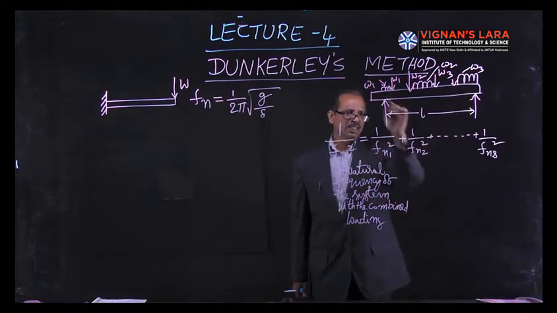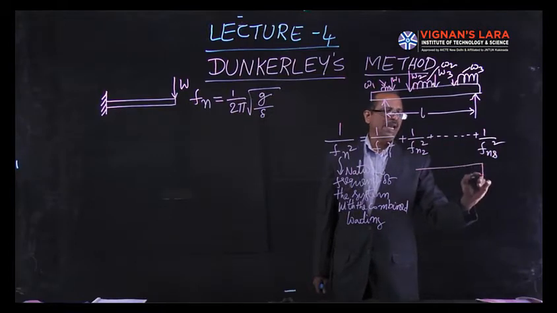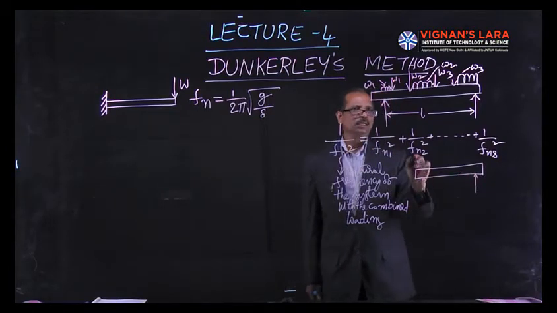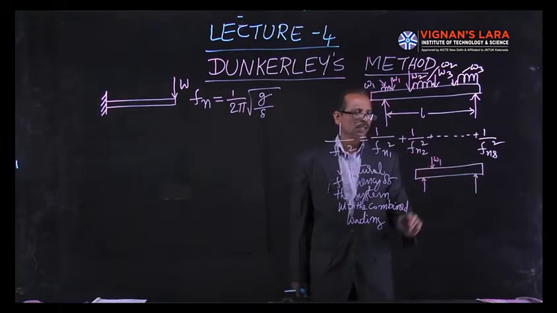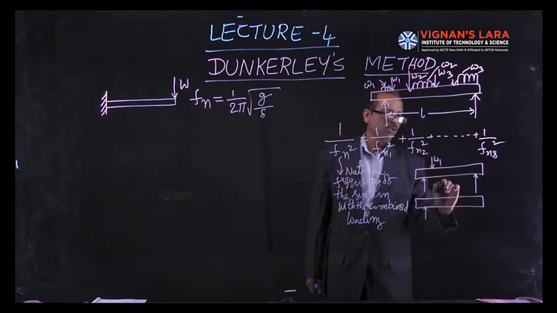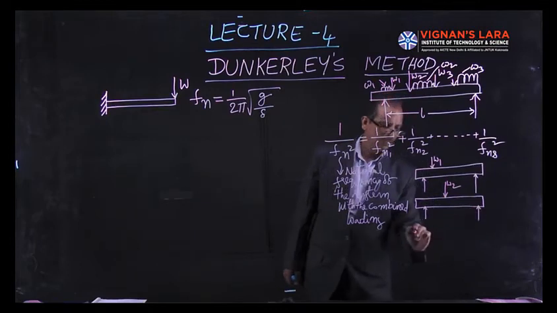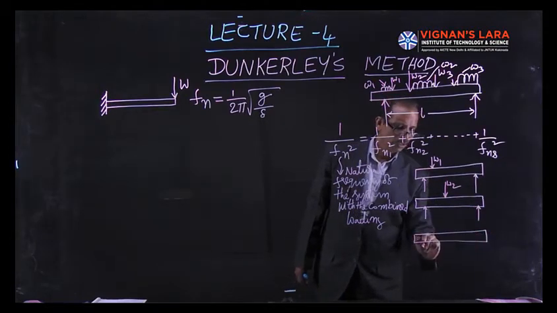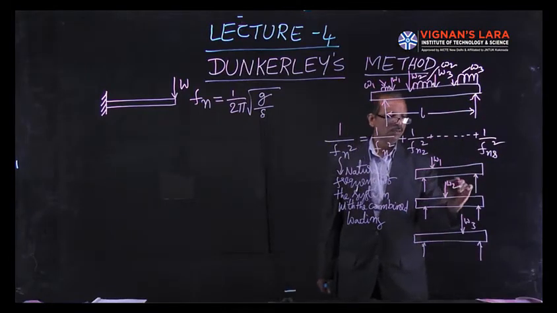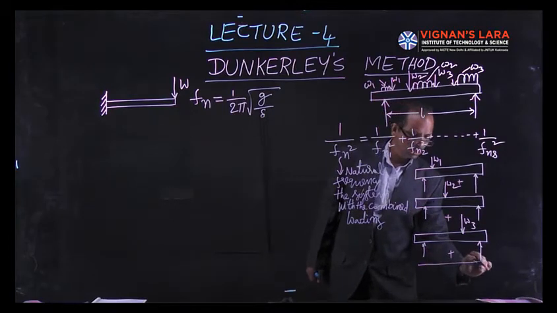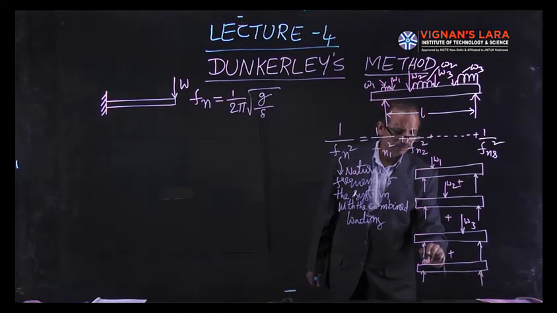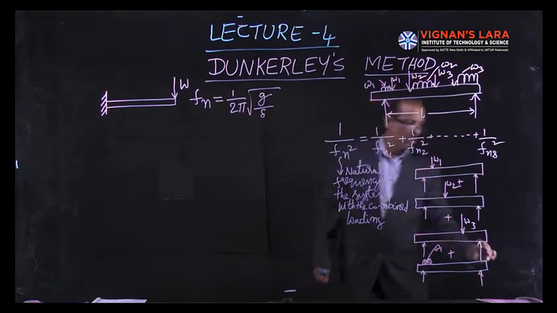If you look at this beam, it can be assumed as n number of independent systems with single loads, like say W1, and this also separately shown with another load W2, then with another load W3, plus the UDLs, the first UDL, plus so on.